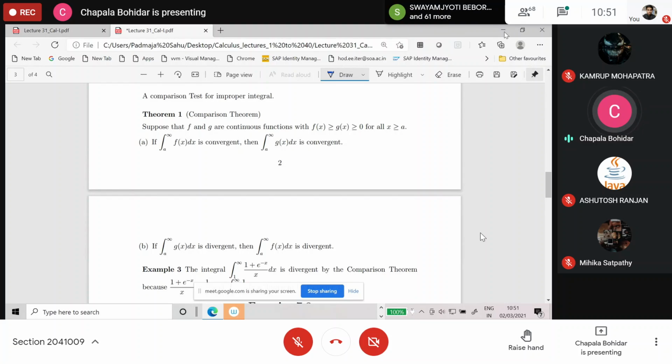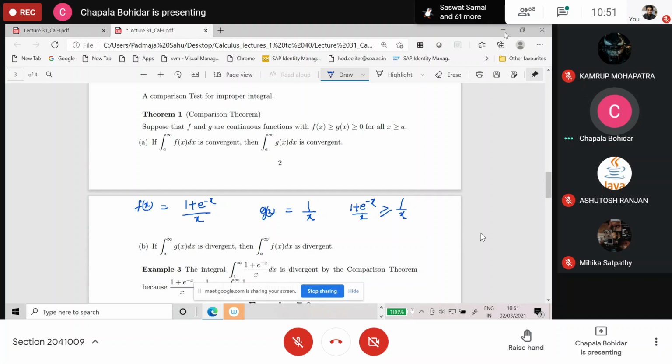f(x) is equal to (1 plus e to the power minus x) by x, and I am writing that g(x) is equal to 1 by x. You see that this value, (1 plus e to the power minus x) by x, should be greater than or equal to 1 by x.